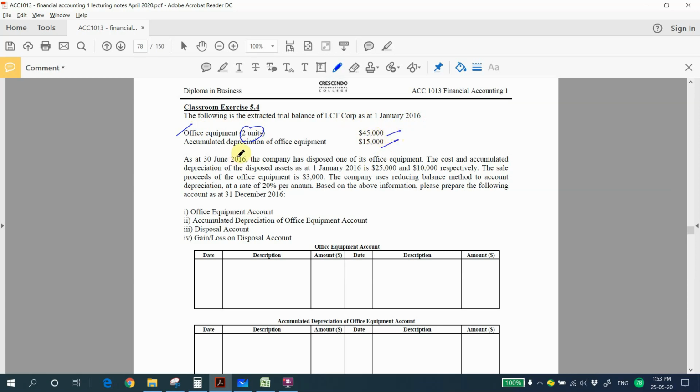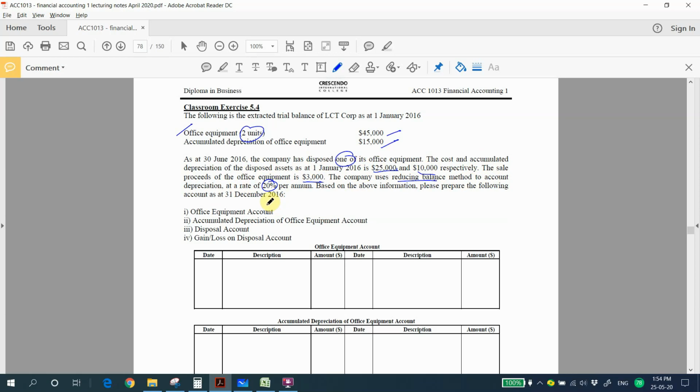As at 30th June 2016, the company has disposed one of its office equipment. The cost and accumulated depreciation of the disposed asset as at 1st January 2016 is 25,000 and 10,000 respectively. The sale proceeds of the office equipment is 3,000. The company used the reducing balance method to account for the depreciation at a rate of 20% per annum.